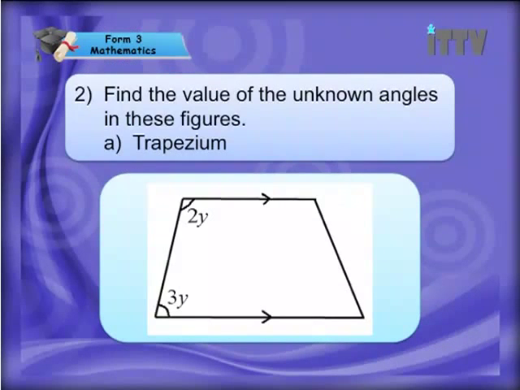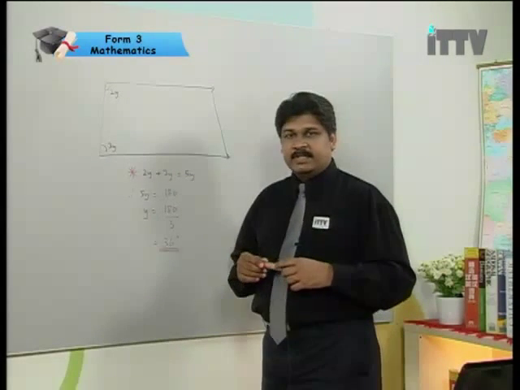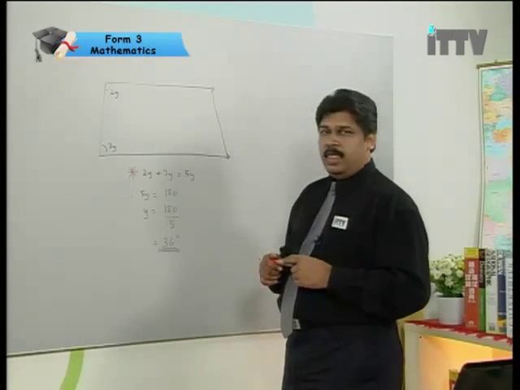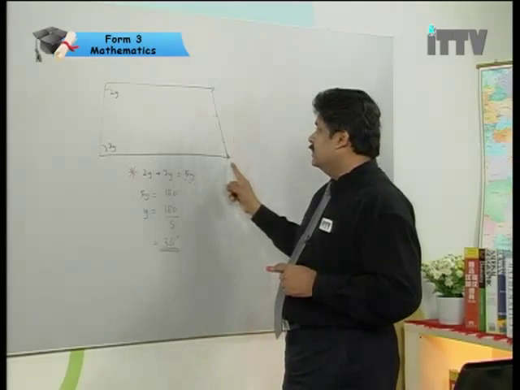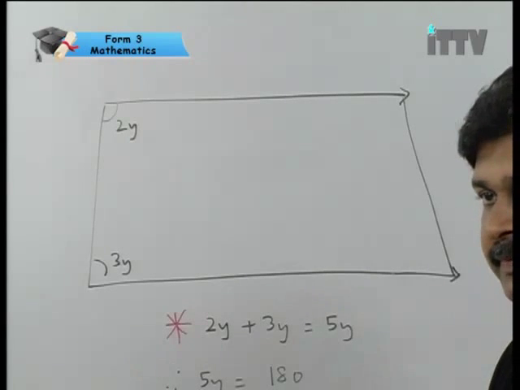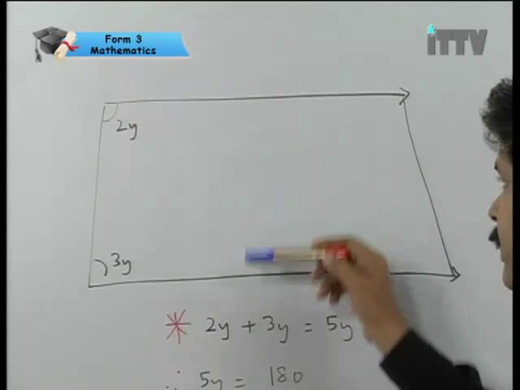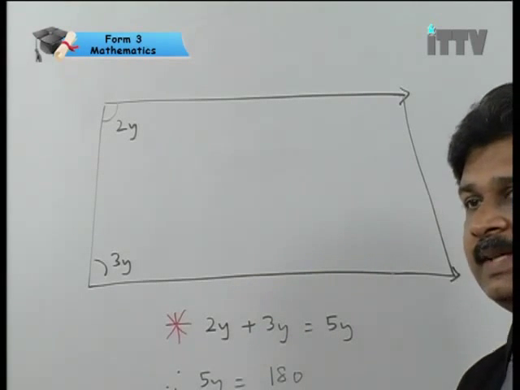Find the values of the unknown angles in these figures. Trapezium? Well, boys and girls, if you look into this question, obviously you can note that this is actually a trapezium. Now, what is the concept in a trapezium? We know that in a trapezium, two sides are parallel. So which two sides are parallel?